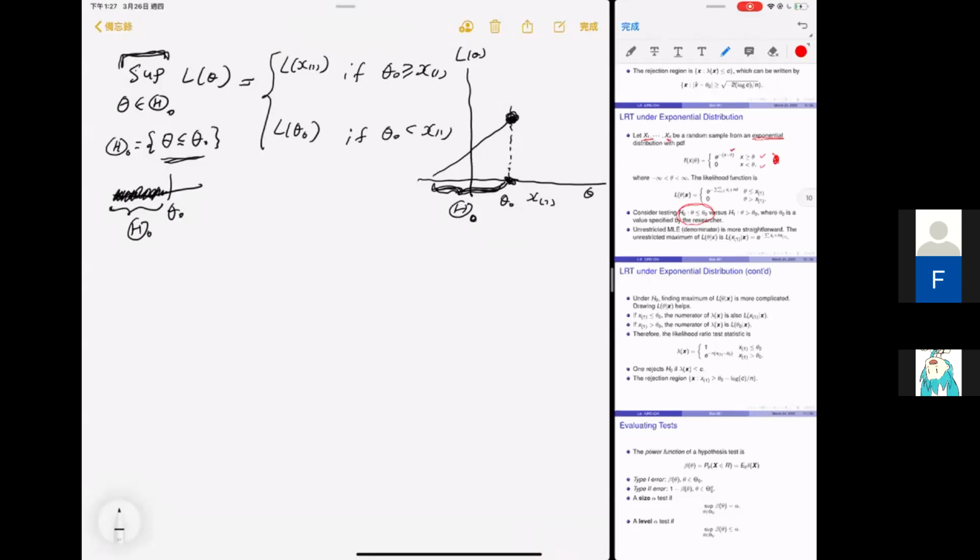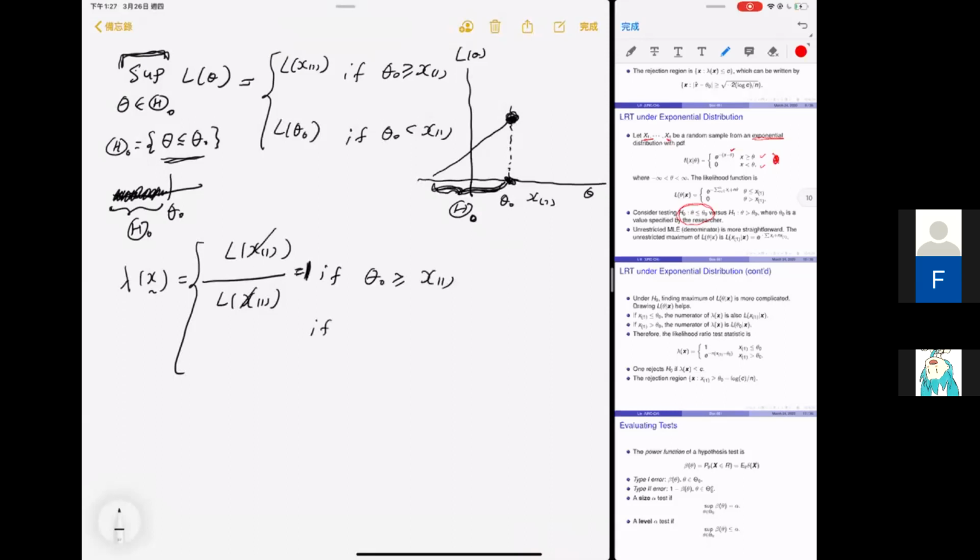Combining together, my numerator is always x1, but my denominator depends on where theta 0 is. If theta 0 is bigger than x1, then x1 cancels out and it becomes 1.